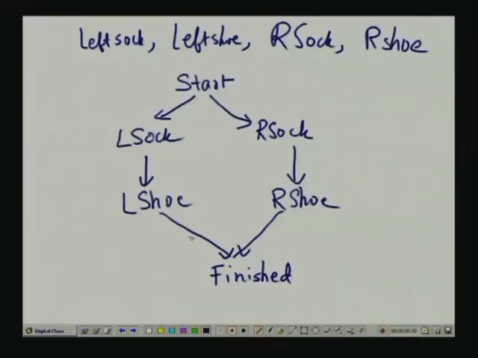An actual plan will of course not be such a partial order structure, it will be a linear structure. From this partial order structure, we can get several linearizations. The agent can put on left sock, left shoe, right sock, right shoe, or left sock, right sock, left shoe, right shoe, or right sock, left sock, left shoe, right shoe, or right sock, right shoe, and so on.